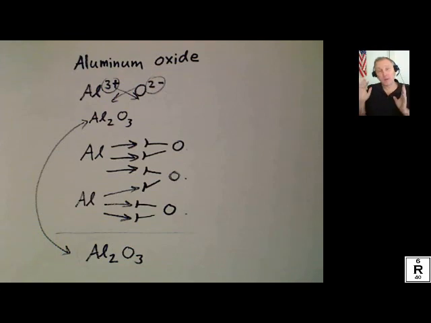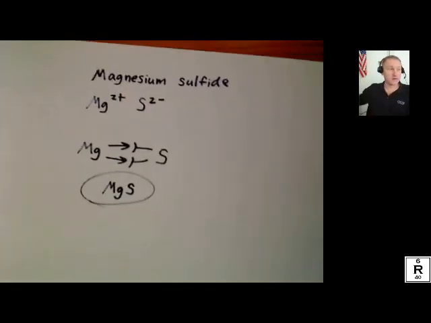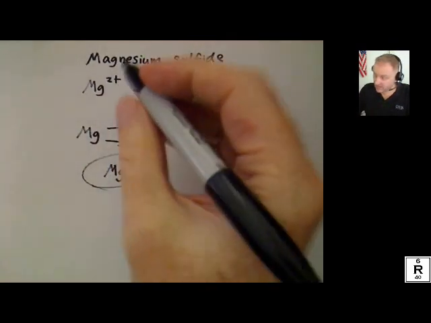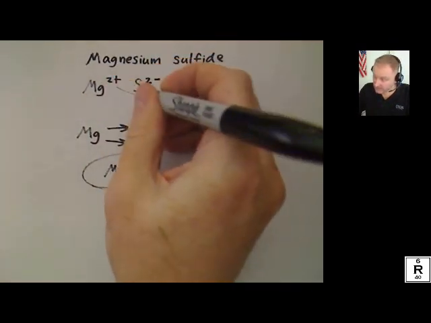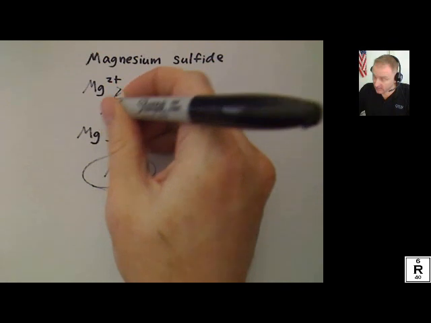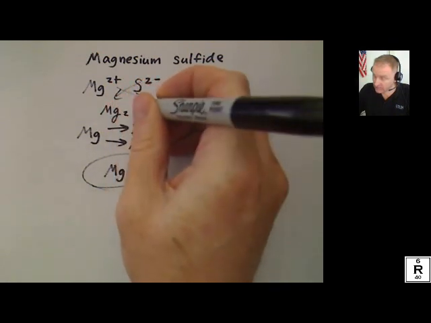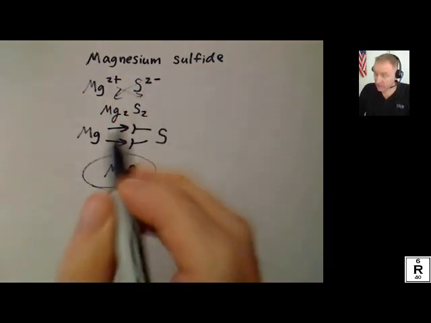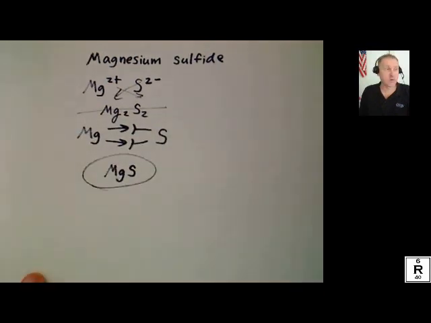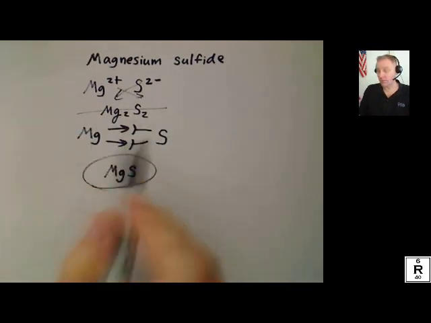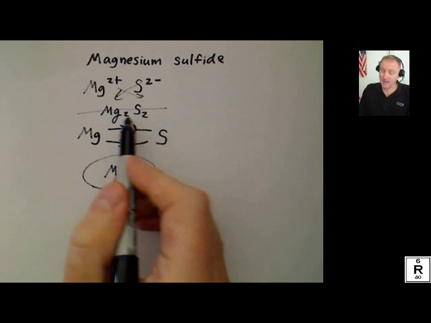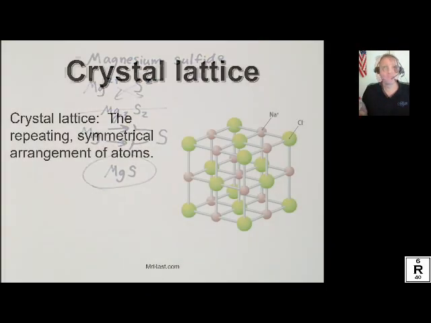However, you do need to reduce it. If you crossed the charges for magnesium sulfide, you would have written Mg2S2, and that is not the appropriate answer. It's a 1-to-1 ratio, so if you can reduce it, you need to reduce it.